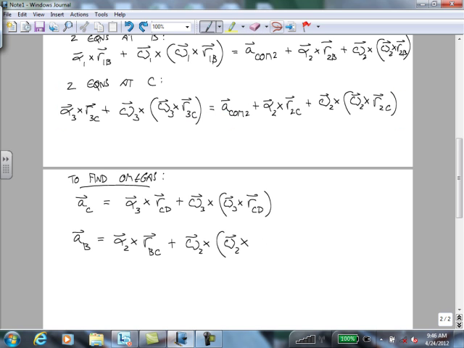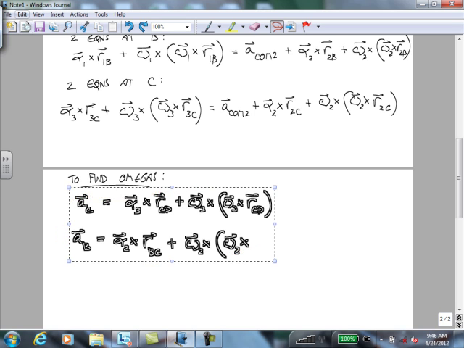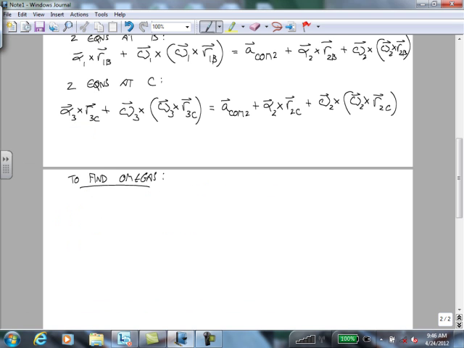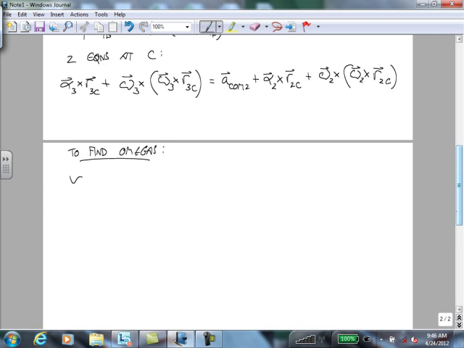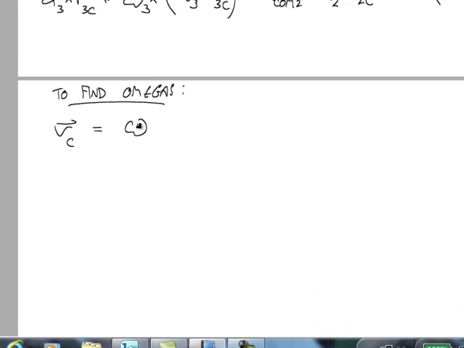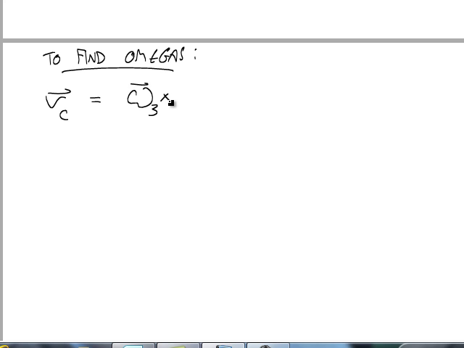Okay, so the velocity at C is equal to omega 3 crossed with the vector going to C from D. Okay, and then the velocity at B up here.